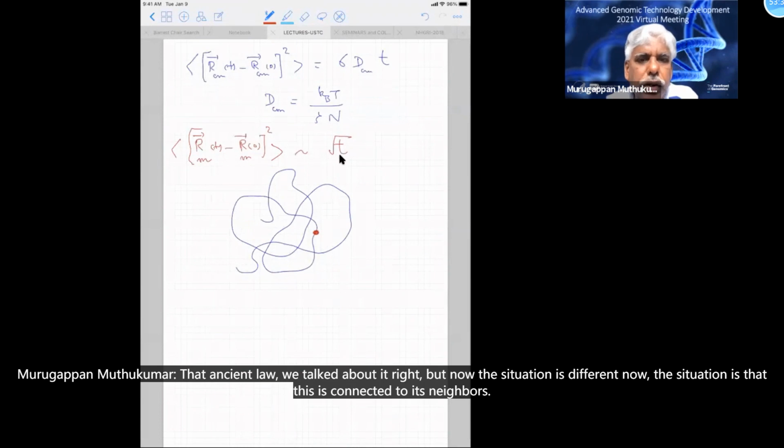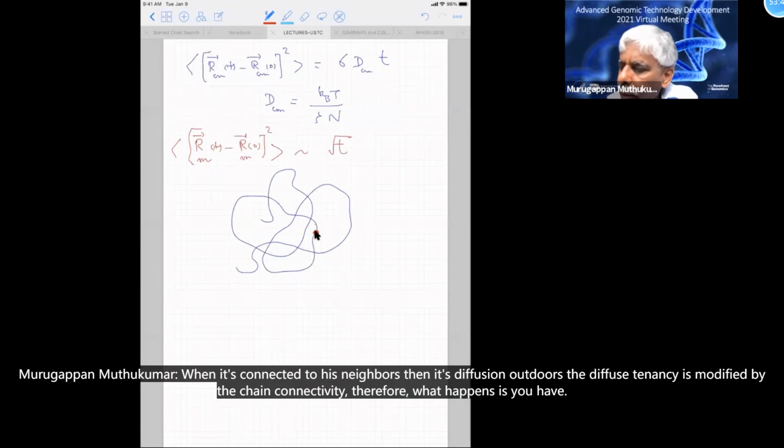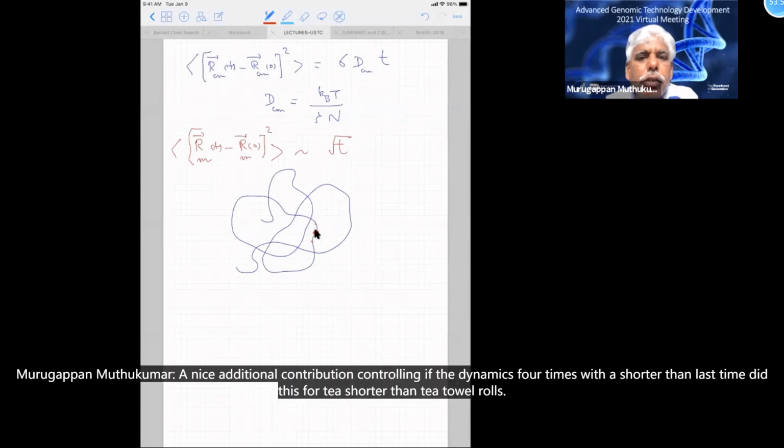But now the situation is different. Now this is connected to its neighbors. When it's connected to its neighbors, its diffusive tendency is modified by the chain connectivity. Therefore, you have an additional contribution controlling its dynamics for times which are shorter than the Rouse time. This is for t shorter than tau Rouse.